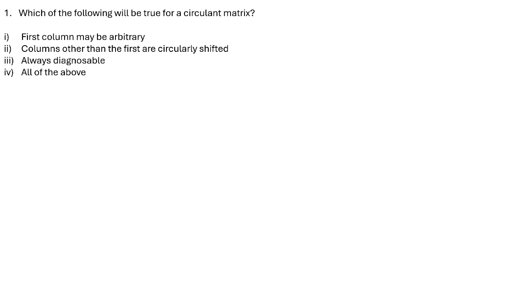Similarly, if you see from the row perspective, if you choose any row of a circular matrix, you go to the next row, and this row is a circularly shifted version of its preceding row by 1 unit to the right. Here also the last element of a row comes out to be the first element of its next row.